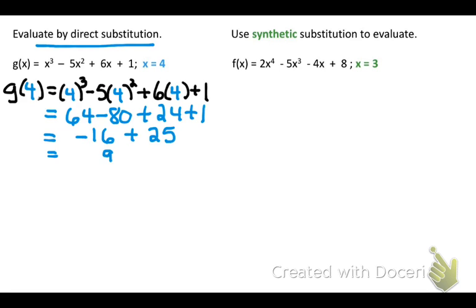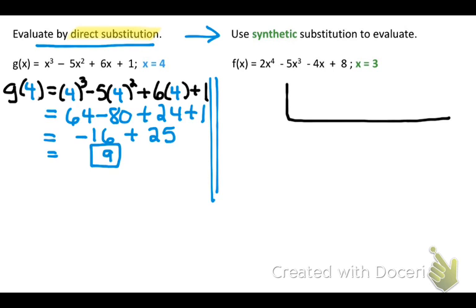All right, once you did all your multiplying, adding, subtracting, you should have concluded that the answer was 9. So this was direct substitution, and now we're going to take a look at synthetic substitution. On the outside, we're going to put our x value, which is 3, and then on the inside, we're going to put our coefficients in descending order.